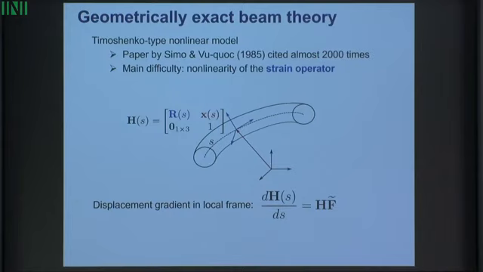Well, it turns out that the relationship is as simple as this one. It's a purely linear relationship. So once you have the gradient computed using the Lie group machinery, you have almost direct access to the strain, which is great. And so all the nonlinearity here is actually taken into account by the differential geometry operators.